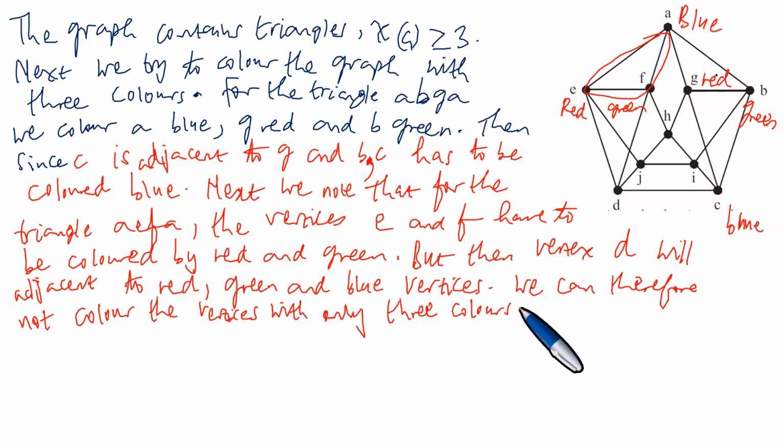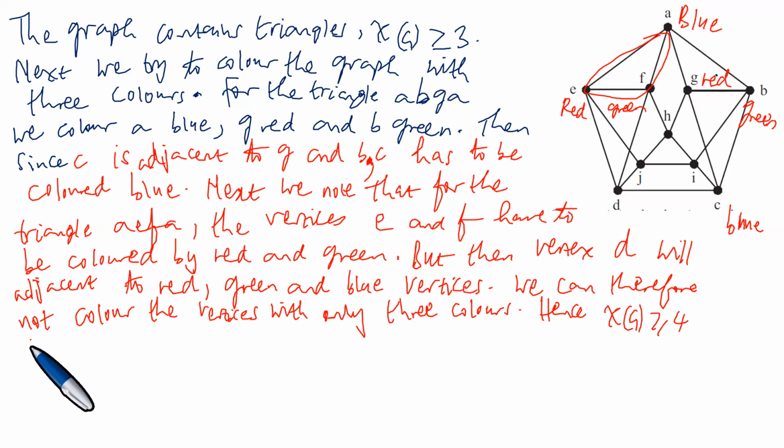Okay. Hence, the chromatic number of G is 4 or more, at least 4.